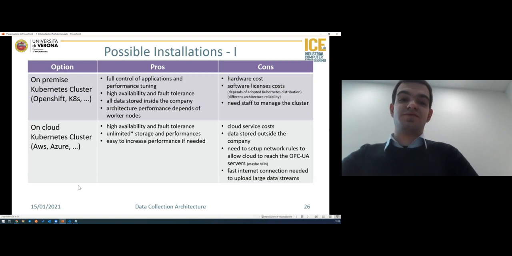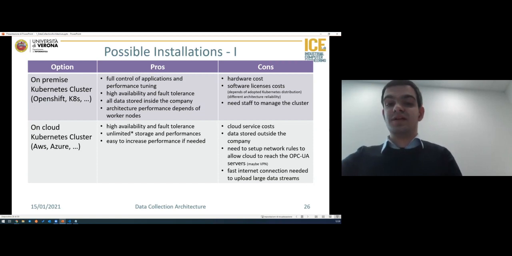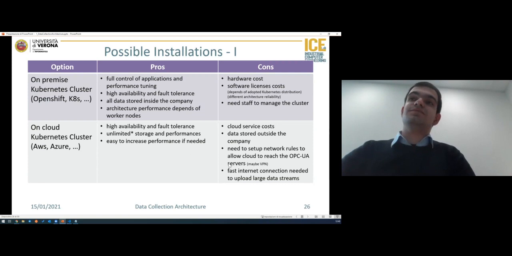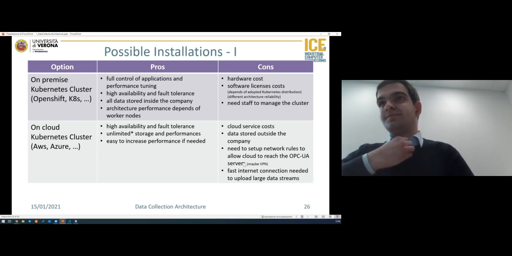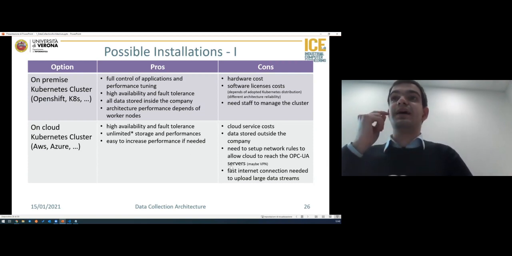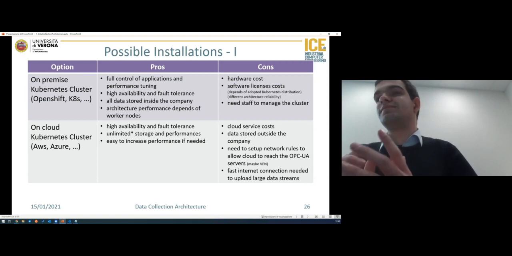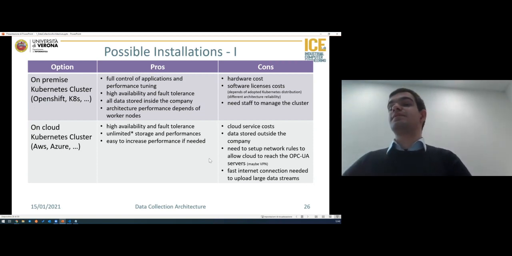But in this case, there is also another problem, that is the internet connection of the plant. It is necessary to expose the machines of the plant directly to an external system, and this could be risky, except when using VPN. But also in this case, the performance could be less than ideal.